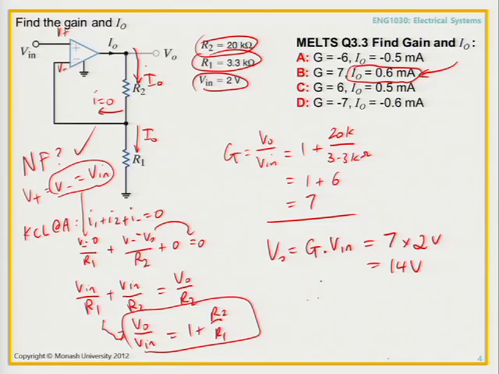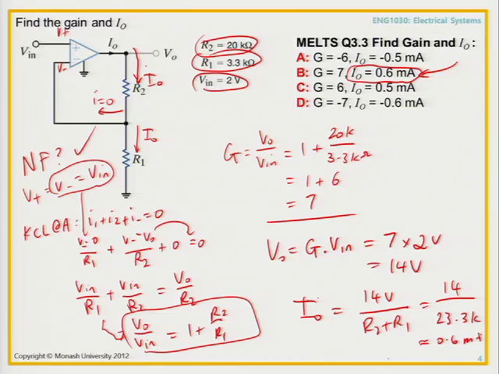And therefore I0 equals 14 volts divided by R2 plus R1, which is equal to 14 over 23.3K, which is approximately equal to 0.6 milliamps. Note the kilo ohms, so volts divided by kilo ohms gives you milliamps. That's just a shortcut. If it's volts divided by ohms, this would be amps.